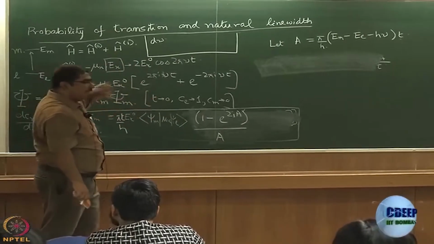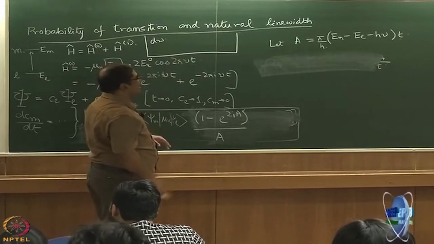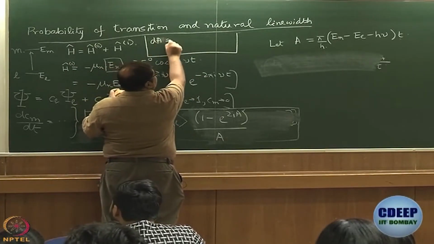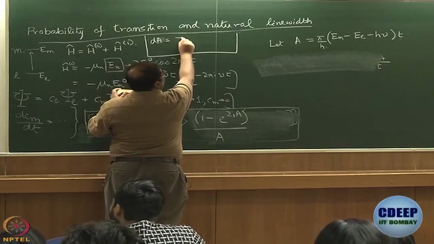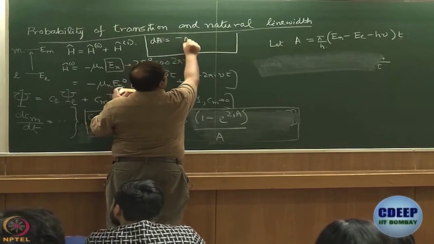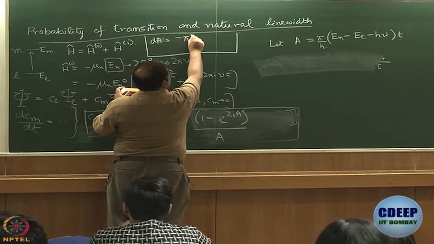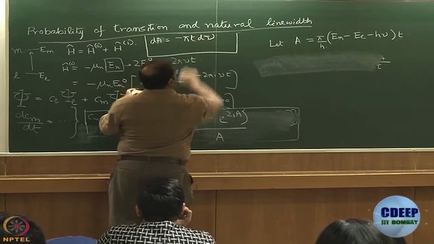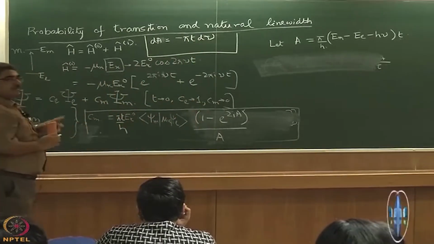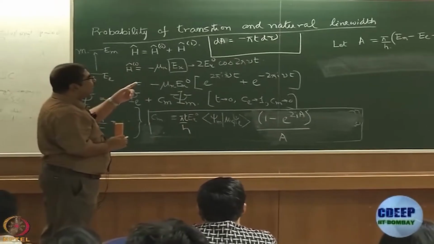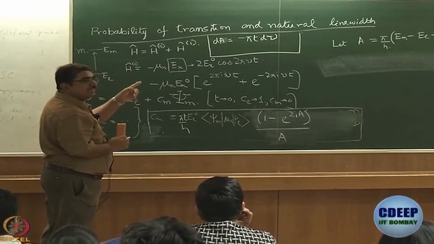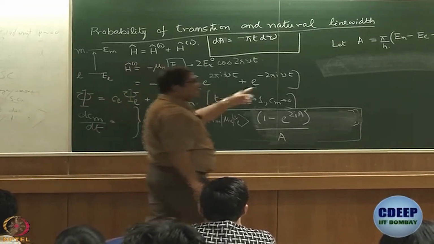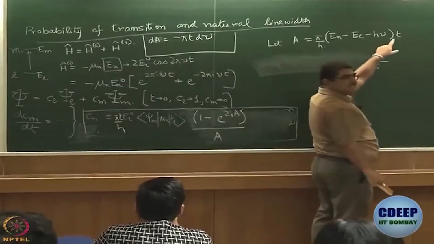So it makes sense to write this d nu and dA expression also. dA is equal to minus pi t d nu, is that right? Where is h? h and h will cancel, isn't it? This h and this h, they will cancel.